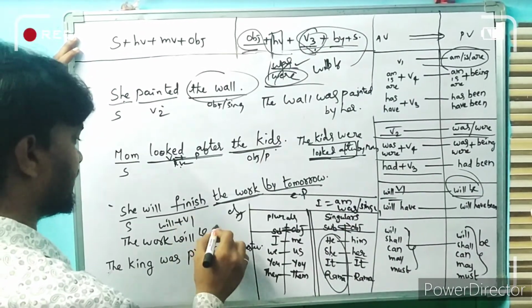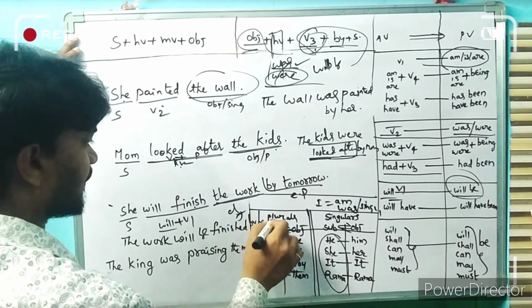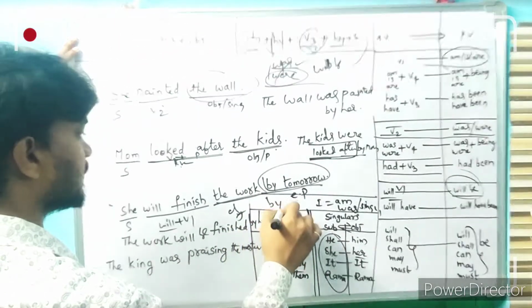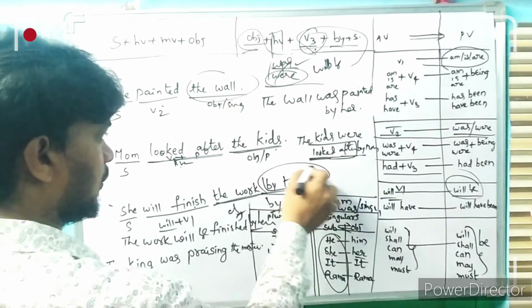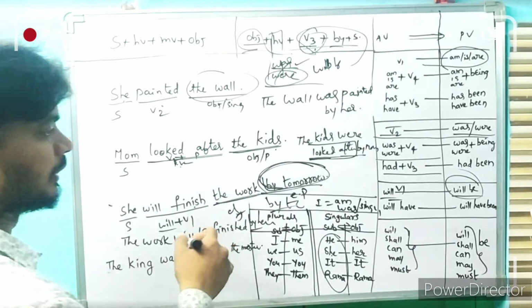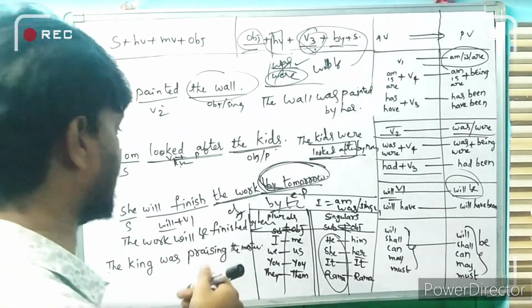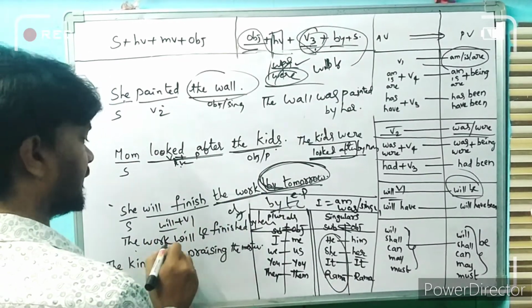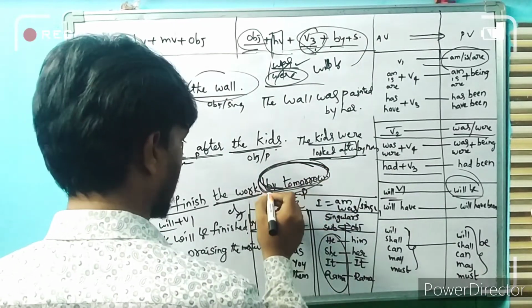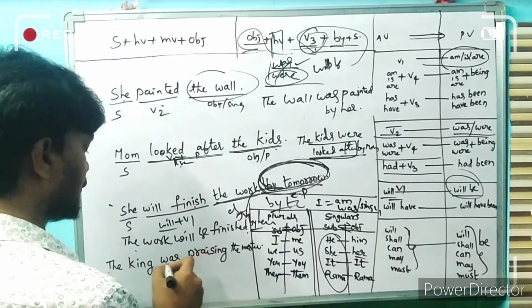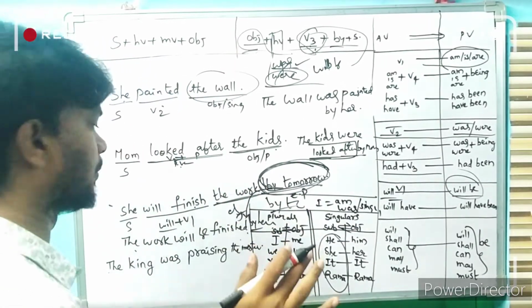What is the V3 of finish? Finished, by her. By tomorrow. So don't be confused with the two bys. By tomorrow here is used to express time. So the work will be finished by her by tomorrow. This is the extra part, so it is better to write it before by. So the answer becomes: the work will be finished by tomorrow by her. So it is correct, no problem.